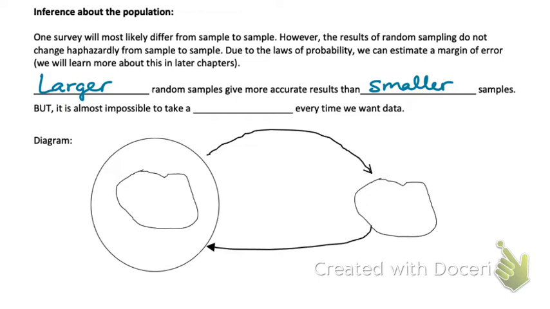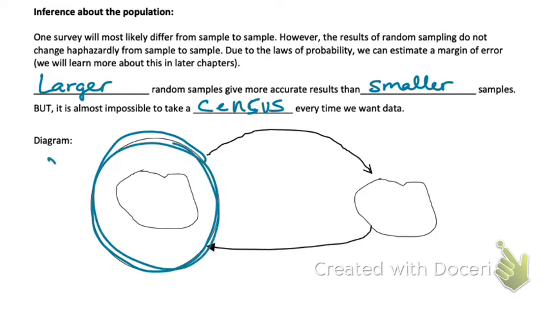But again, I do remind you guys, it is almost impossible to take a census every time, okay? Remind me again, what's a census? Everybody in the population gets selected. Okay, so here's a picture of what we're doing. This circle here represents the population.